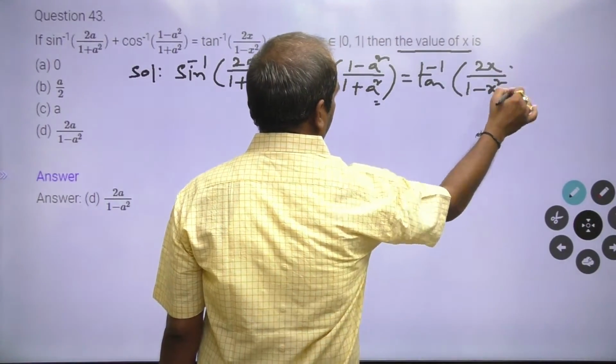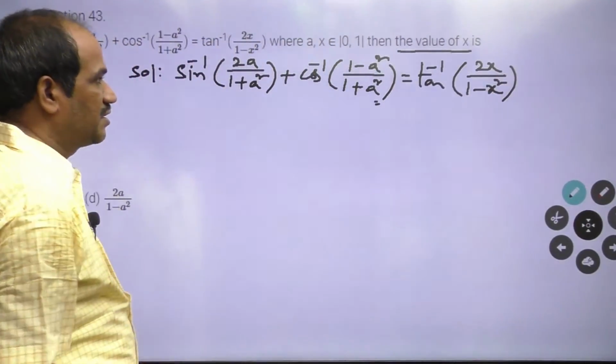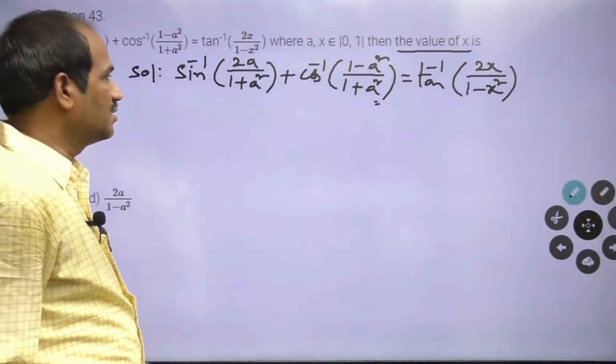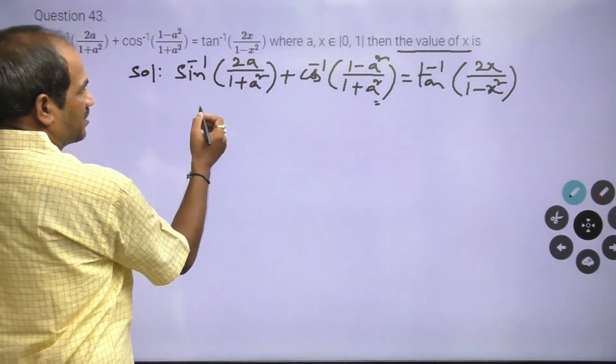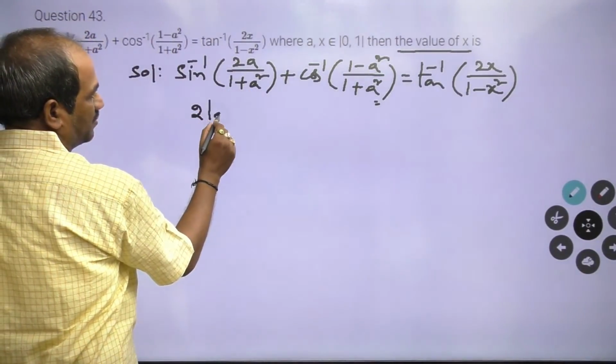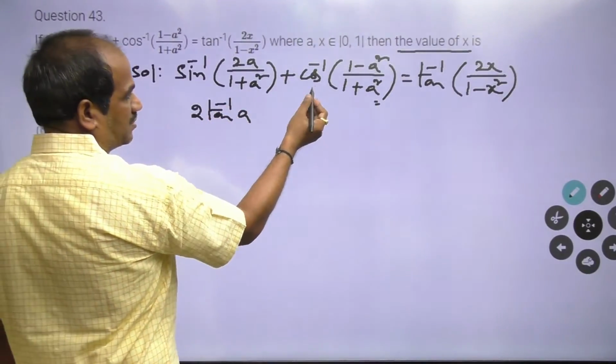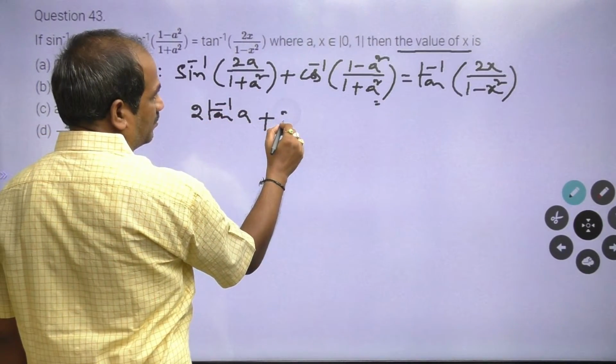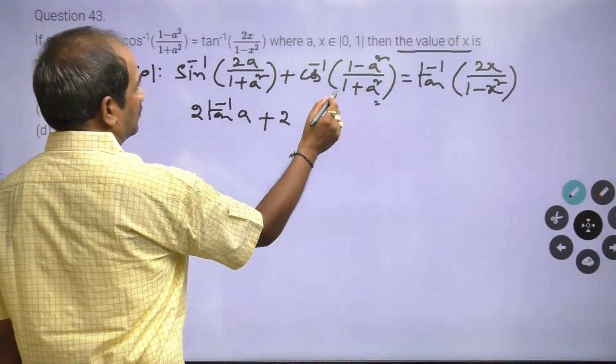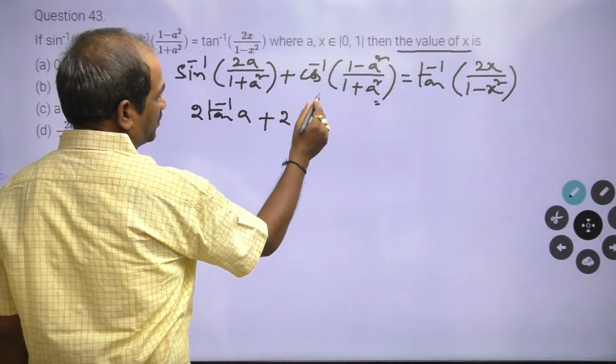See, these are the formulas: sin inverse of 2a by 1 plus a square is 2 tan inverse a. Next, this is also 2 tan inverse of a.